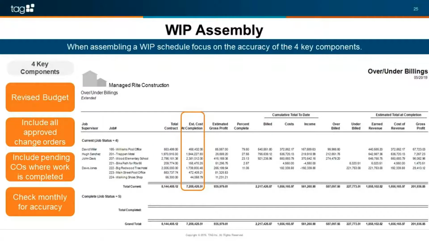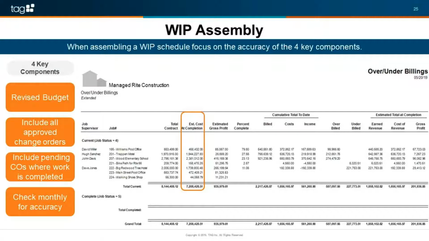Okay, next, our revised budget. Again, I probably sound like a broken record, but we need to include all the approved change orders. And we might want to include any pending change orders for work that we've already completed, right? Especially on the budget side. If we've completed that work, we need to include that pending change order's budget cost because that work has been completed.